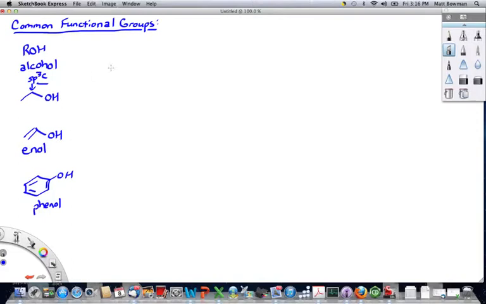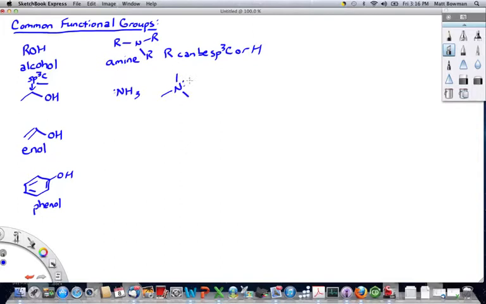Very similar to the alcohol, there is the amine, which has the general formula RNRR. In this case, R can be an sp3 carbon or a hydrogen. So ammonia, NH3, is an amine.